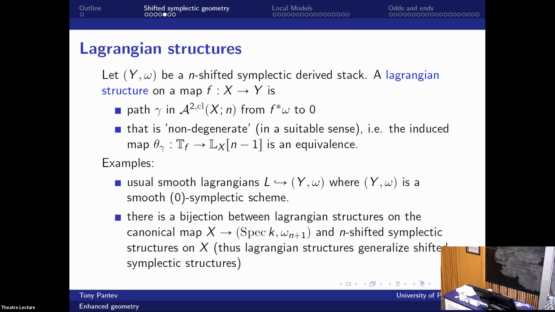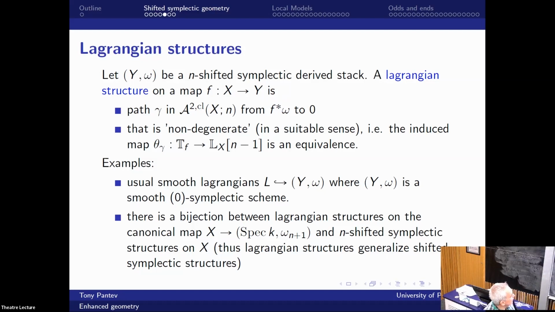And another way is by Lagrangian intersection, which was also mentioned earlier in the week. So if you have a shifted symplectic derived stack, and you have two maps into it which are Lagrangian, and again, in this context, being Lagrangian or being isotropic is actually a structure plus a condition rather than just a condition.